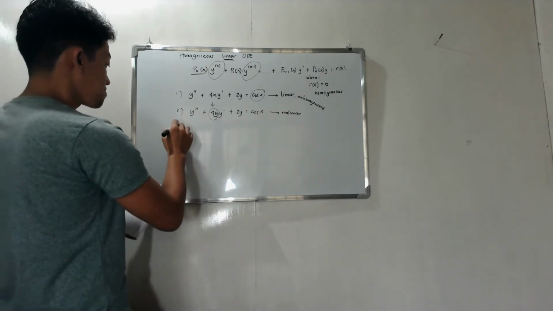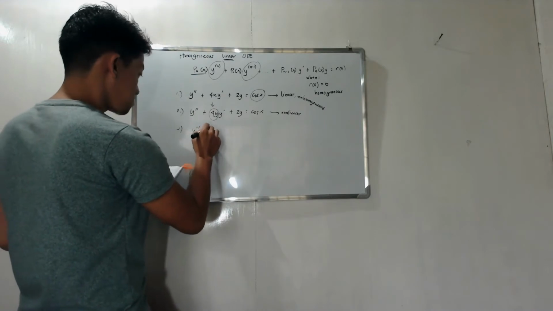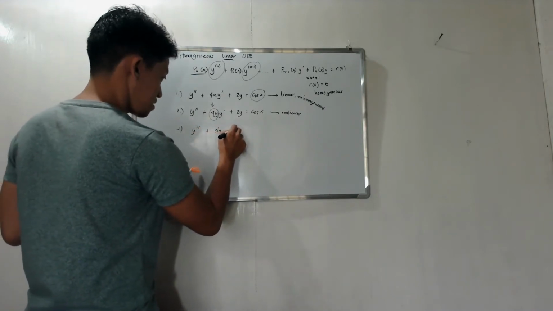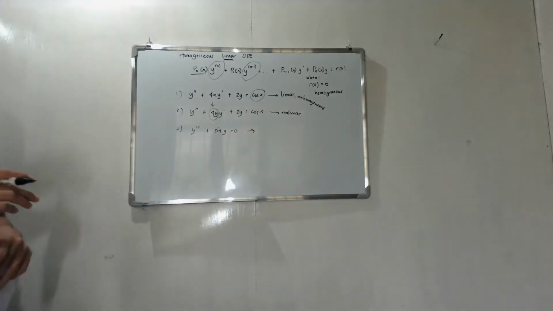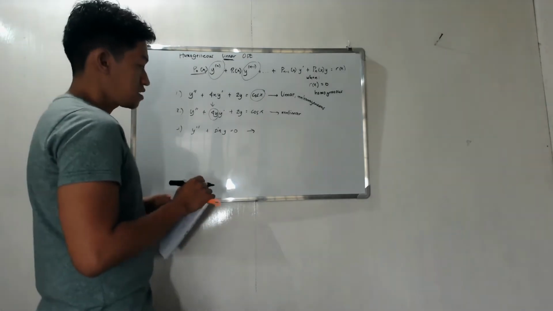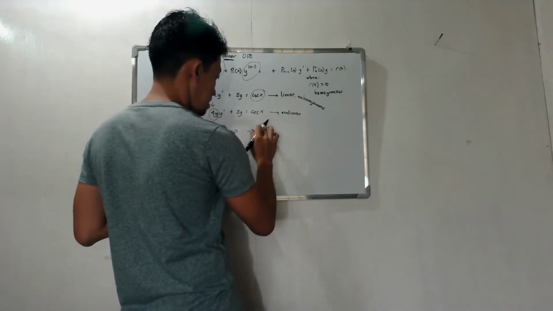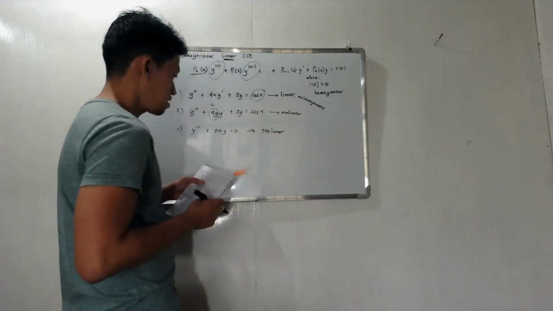This one. Y double prime ... is this linear or non-linear? Okay? This is non-linear. Why?